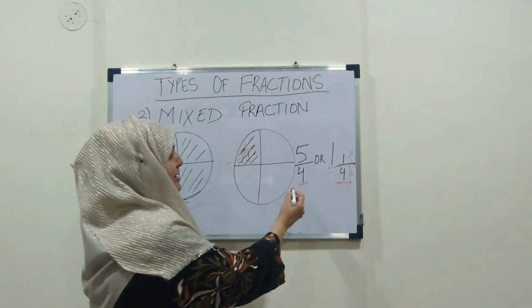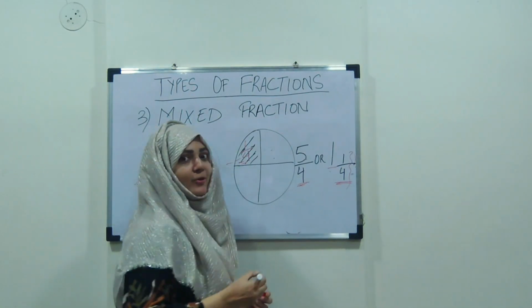So can we write 6 by 4th as 1 and 2 by 4? Yes, because I ate one whole pizza, that's the one, and 2 slices from the next pizza, which is 2 by 4. So can we write 5 by 4 as 1 and 1 by 4?